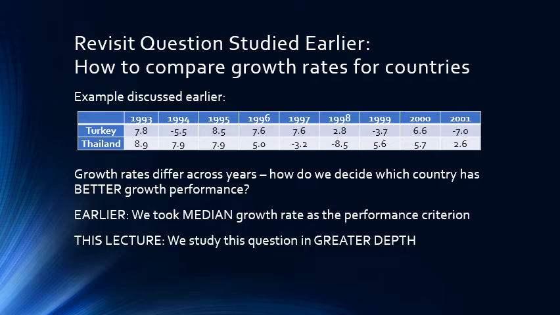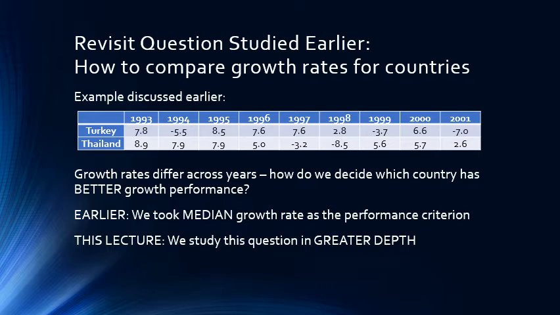In the previous lecture on this topic, we decided to use the median growth rate as the criterion. But this was just an arbitrary choice. And in this lecture, we will look more closely at this question and ask whether the difference is significant in the sense that we have been studying in this lecture.